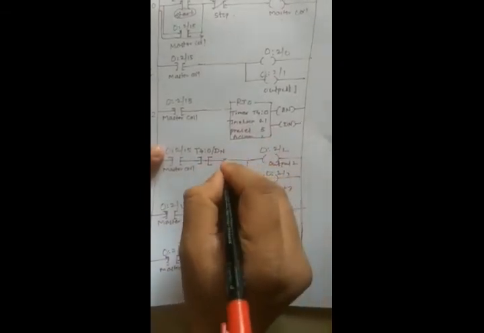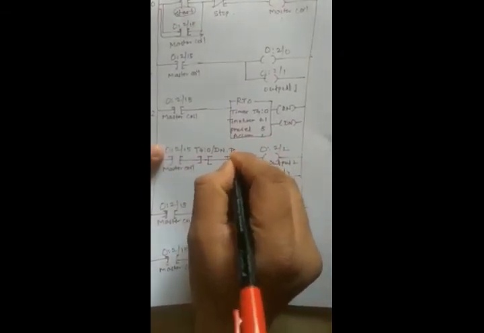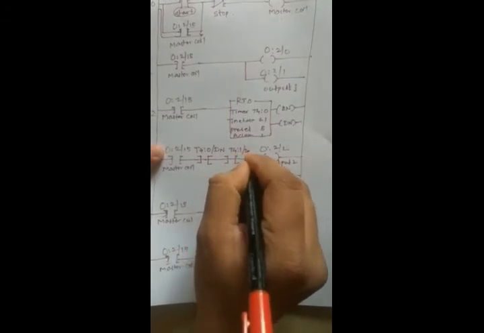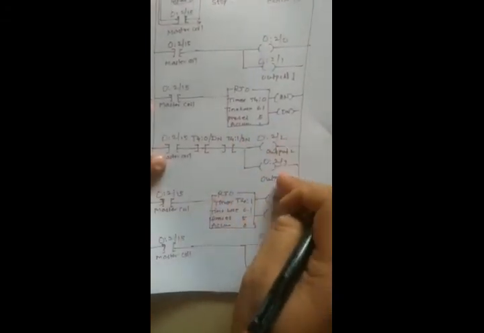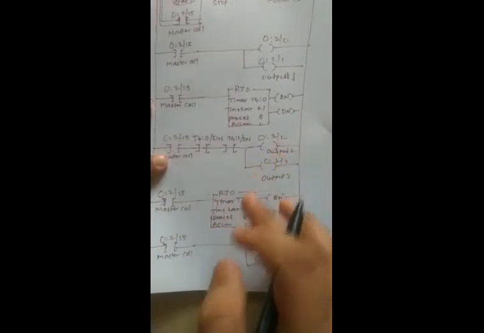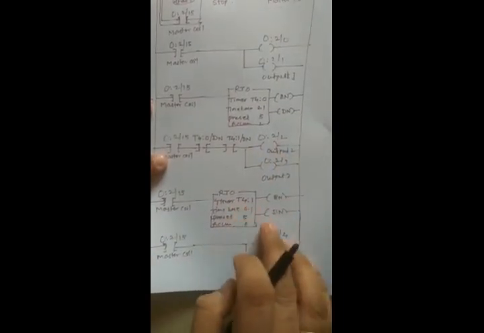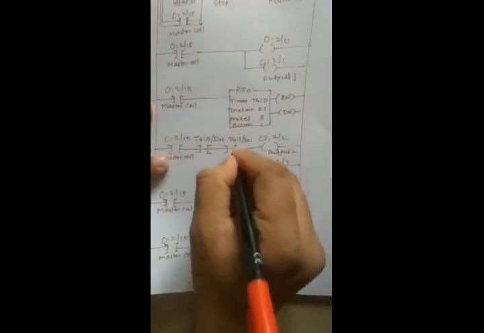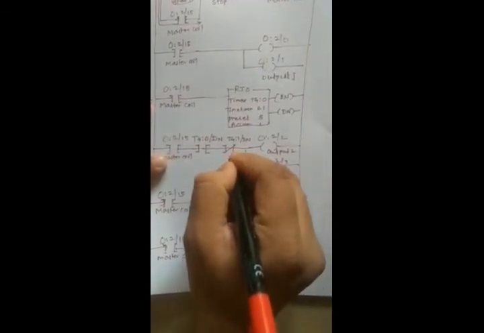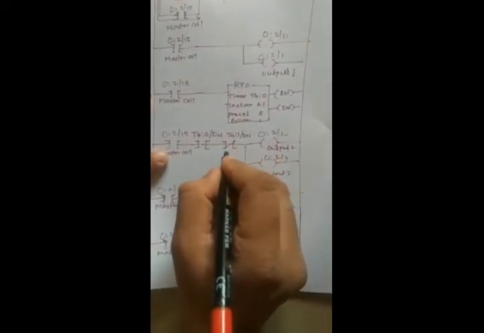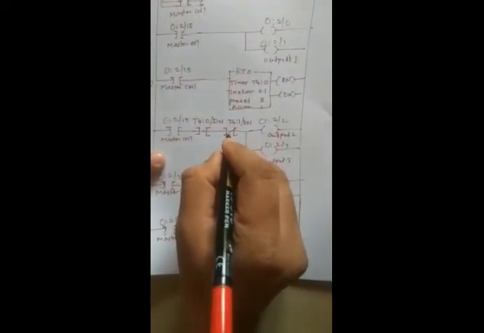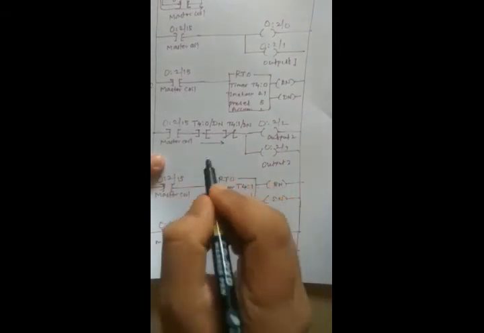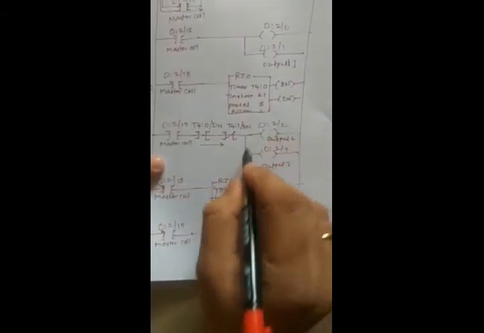Again I will use one more contact over here, the T4:1 done bit. Okay, means outputs 2 and 3 will become deactivated whenever the timer T4:1 done bit is enabled. A normally closed contact basically we will require over here. So this will become true, means it will disconnect this path, and therefore this output becomes turned off.